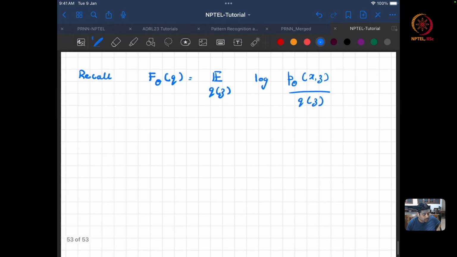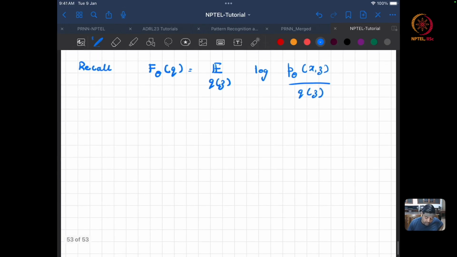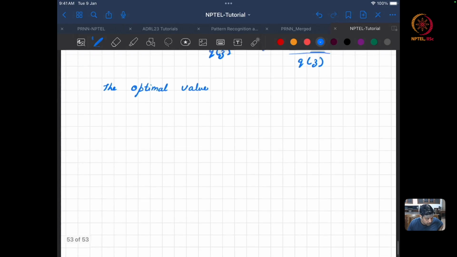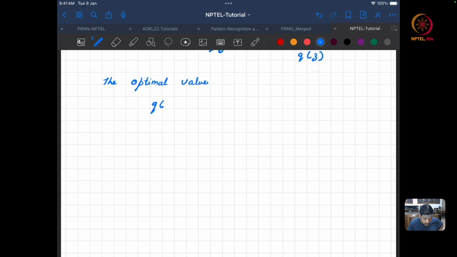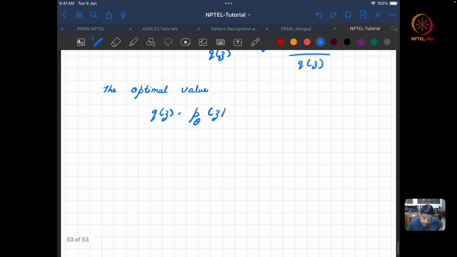So when do we get the optimal value here? We obtain the optimal value when q of z is p theta of z given x. When you put this, that is when you get the optimal value.